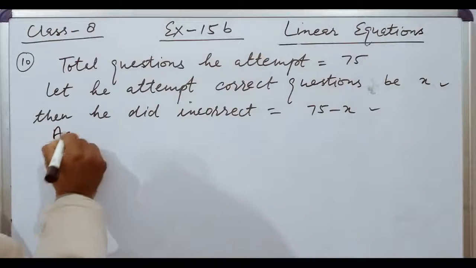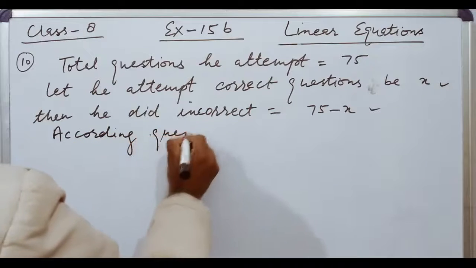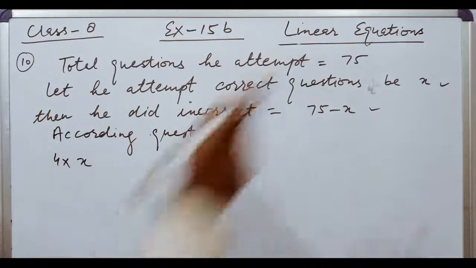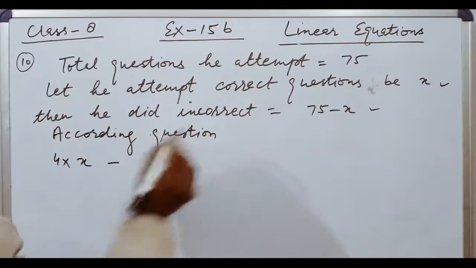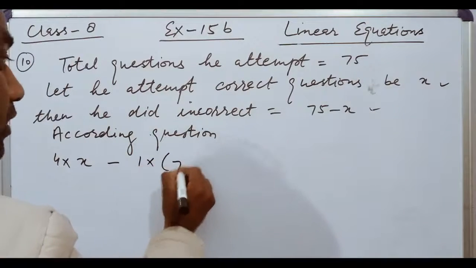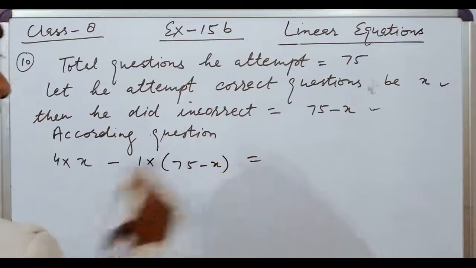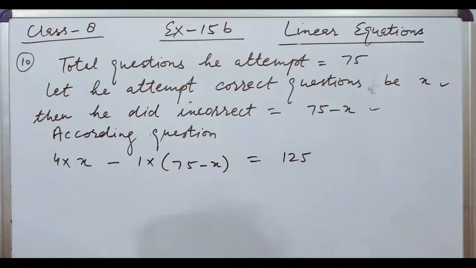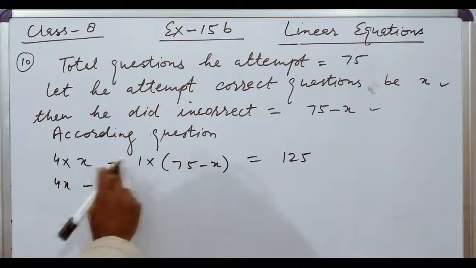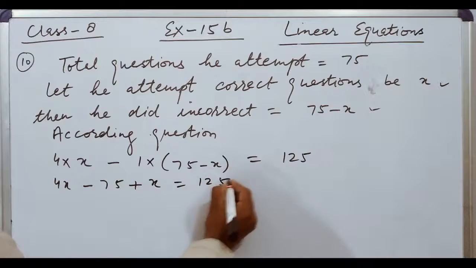So according to the question, 4 marks he is getting for correct answer and he loses 1 mark for incorrect question, minus 1 into 75 minus x. Finally he gets 125 marks. Okay dear students, now 4x minus, we'll open the bracket, 75 plus x equal to 125.